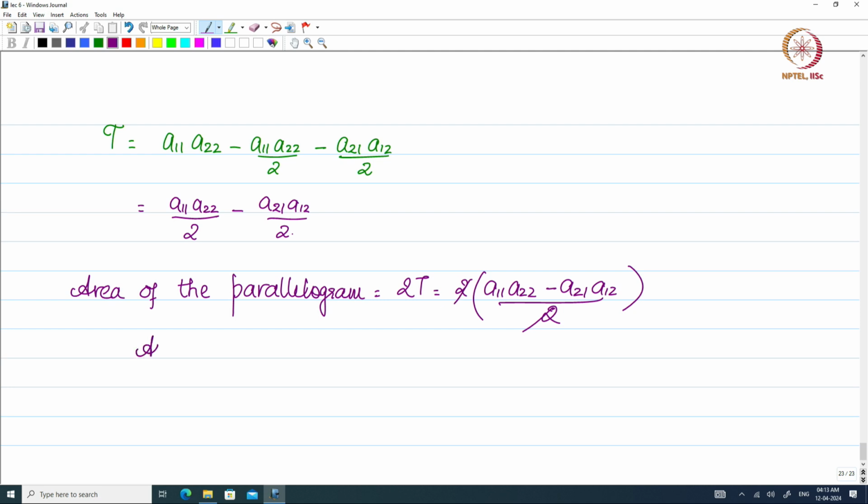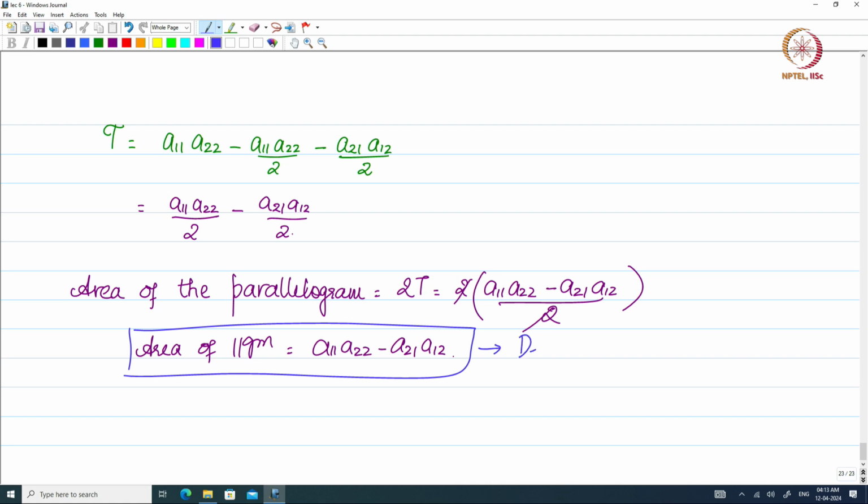So ultimately, the area of the parallelogram is equal to A11 A22 minus A21 A12, and that is exactly what we call the determinant of the matrix A, which is typically a scaling factor, where A is this matrix, A11 A21 A12 A22.